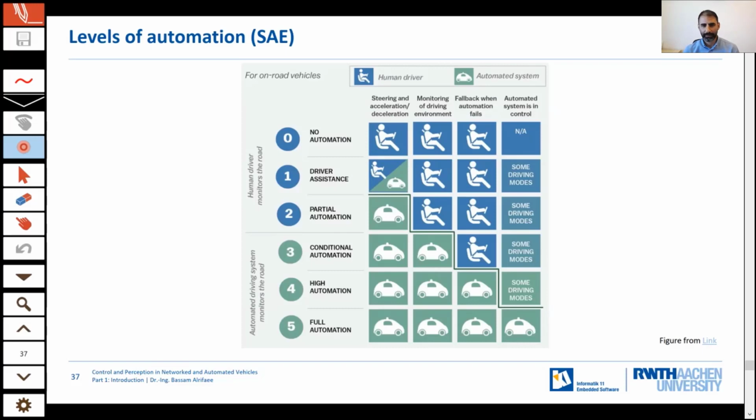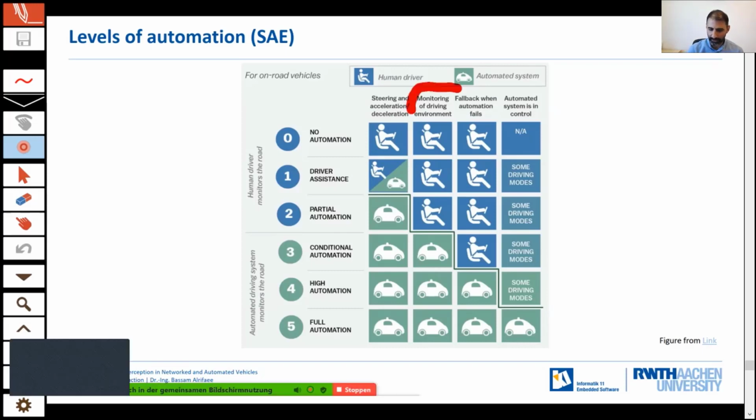You still have to, of course, monitor the driving environment and handle the fallback, while the car takes care of speed, distance to the front car, and staying in the lane. But you are in charge of the system as a driver. You have to monitor the system.